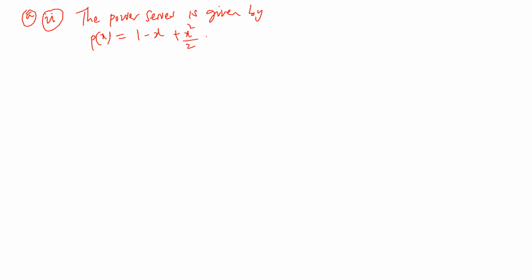So in A Roman figure 2, we look at the fact that the power series is given by, well, we saw it, but I'm just noting it because we're on a different page now. So the power series is given by p of x, a polynomial function of x, which is actually 1 minus x plus x squared minus x cubed over 3.